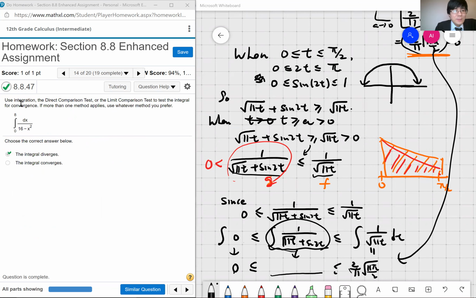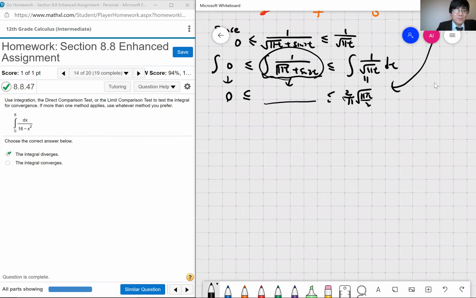Okay, so next one is: use integration, direct comparison test, or limit comparison test to test the integral for convergence. If more than one method applies, then just use whatever method you prefer.